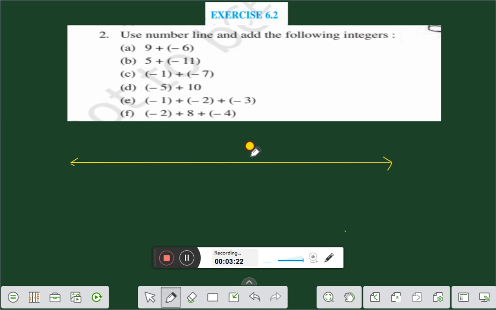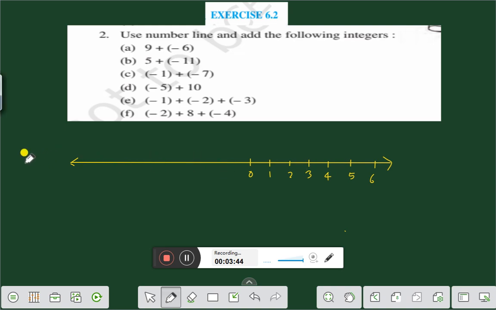Therefore we will get here 0, 1, 2, 3, 4, 5, 6. 1, 2, 3, 4, 5, 6. And here minus 11 you have to take.